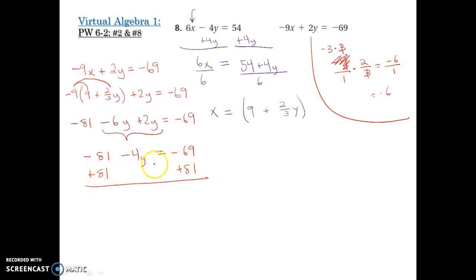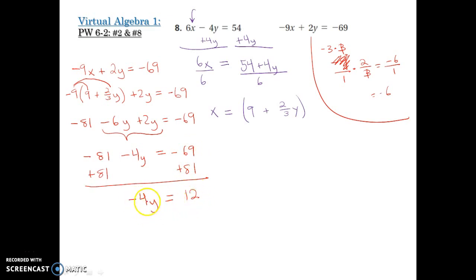See, I'm adding it to the left side of the equal sign and the right side of the equal sign. It's going to cancel here. Negative 81 plus 81 is 0. 0 minus 4y is negative 4y. Negative 69 plus 81 is basically 81 minus 69, which is 12.